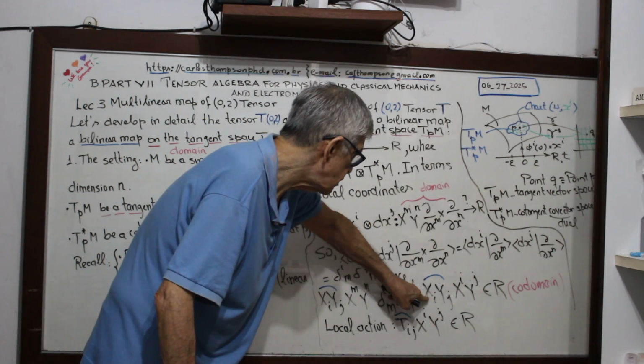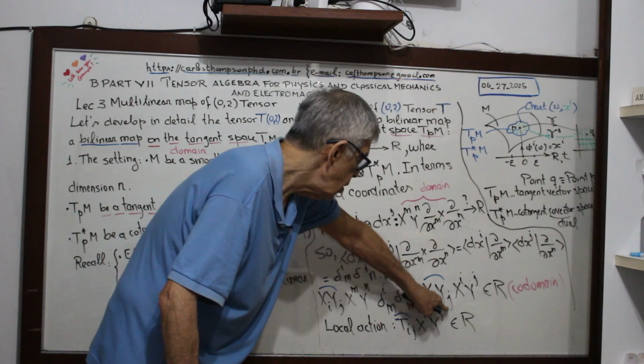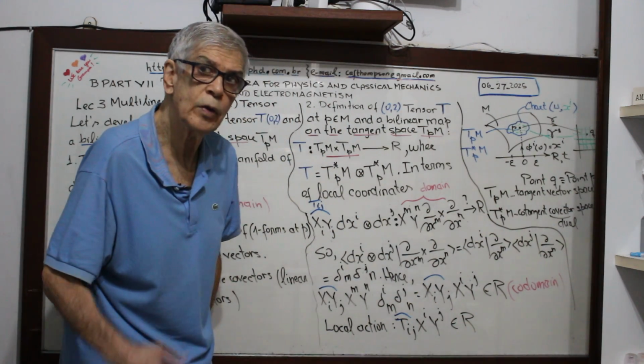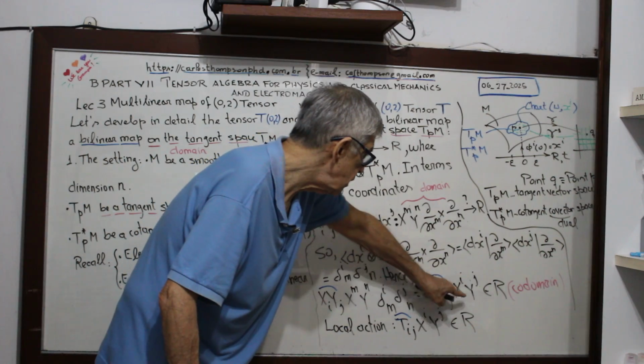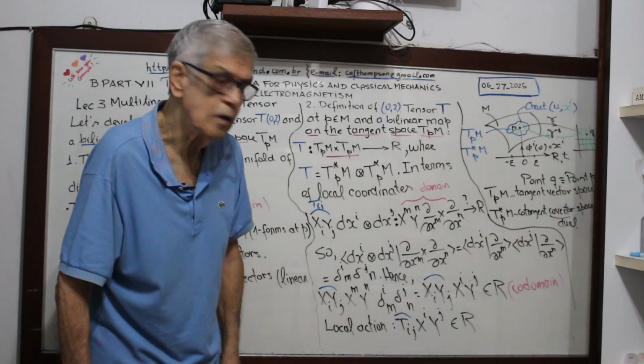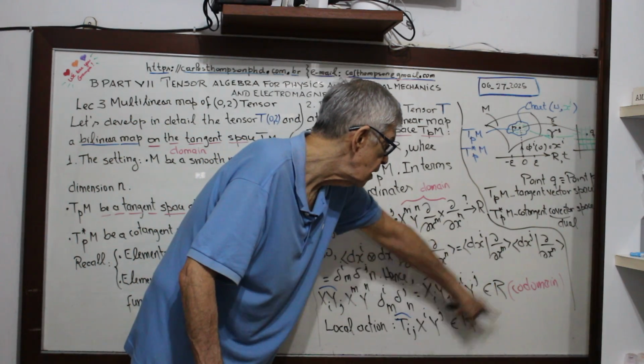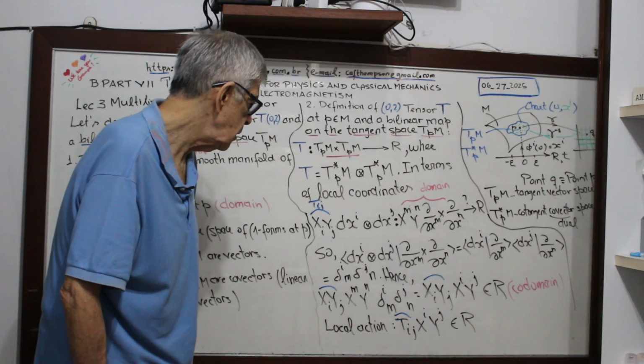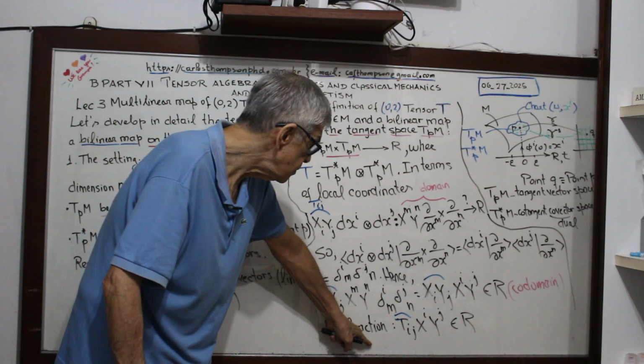So I have xi, yj with lower index. You see only dummy indices over here, which is a scalar. This is the codomain. So this is a local action.